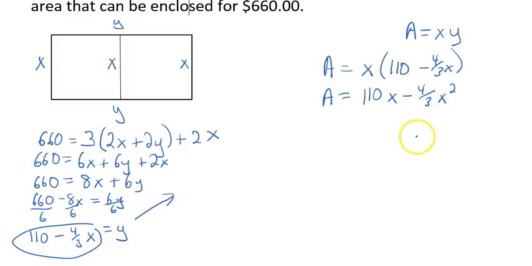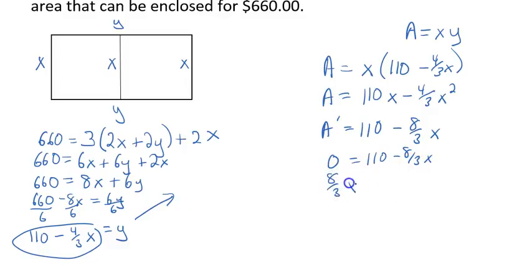And now we're ready to take our derivative and find that maximum. So take my derivative, I get 110 minus 8/3 x. I set that equal to 0. I'm going to add the 8/3 to the other side.